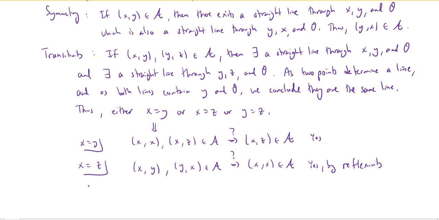And what if y is equal to z? Then we have (x, y) and (y, y) in A, and transitivity would ask, is (x, y) in A? Well, yes, because we have it right here. So in all cases, transitivity holds.